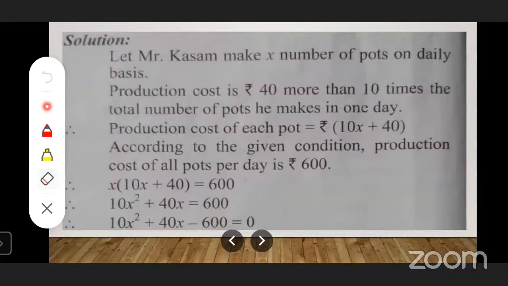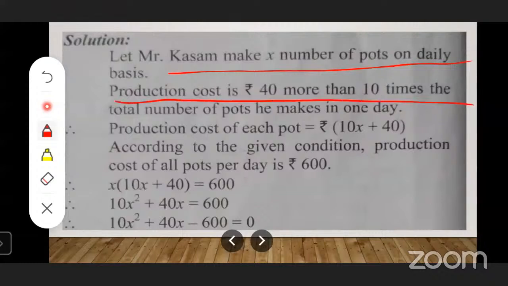What we are going to assume first of all is that Mr. Kasam makes X number of pots on a daily basis. Just now we have seen in the second line that the production cost depends upon the total number of pots he makes per day. What will be the production cost per pot? Rupees 40 more than 10 times the total number of pots.